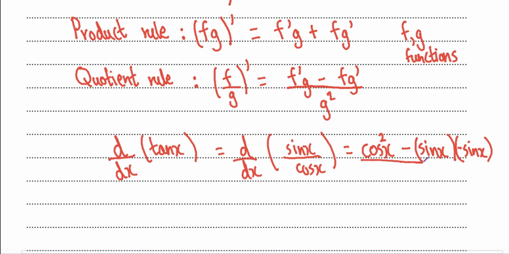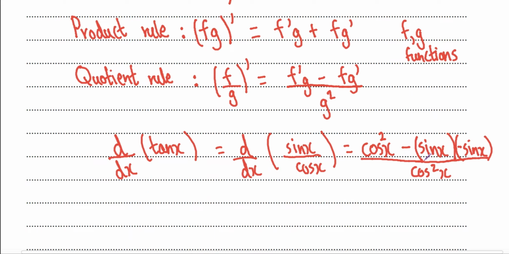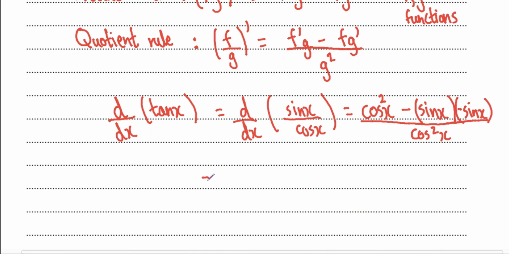So that's basically cosine squared of x. Well, you can see you have a negative and a negative, so that becomes a positive. So then you basically get cosine squared of x plus sine squared of x divided by cosine squared of x. Well, we know cosine squared of x plus sine squared of x is equal to 1.